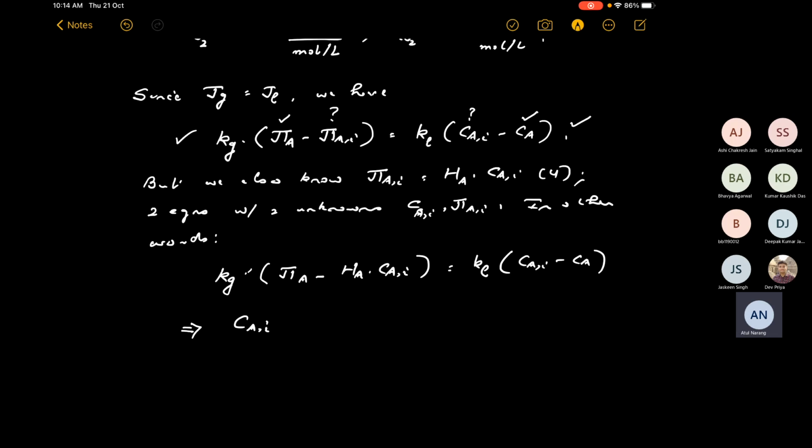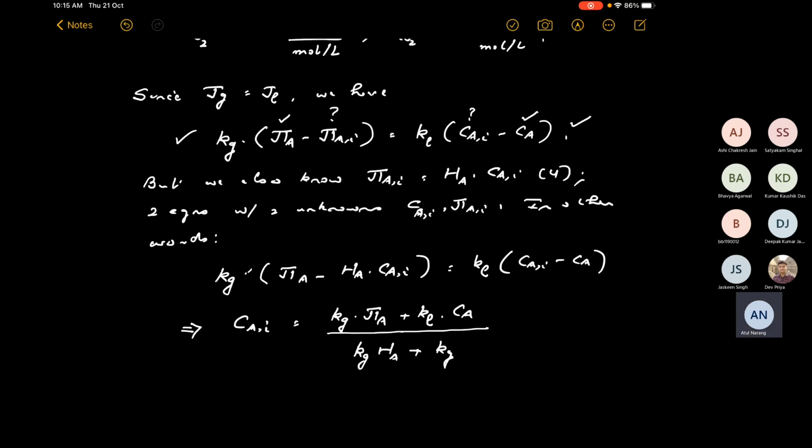It turns out that CAI, when you solve it, is equal to Kg times pi A plus KL times CA, divided by Kg HA plus Kg.